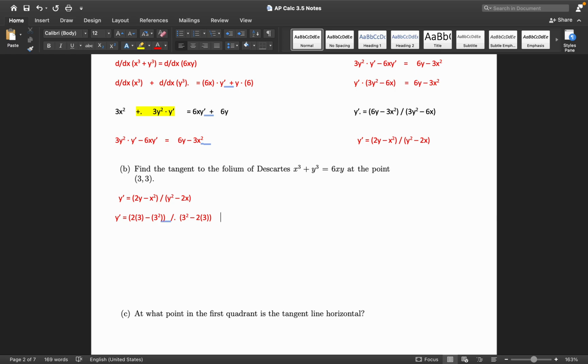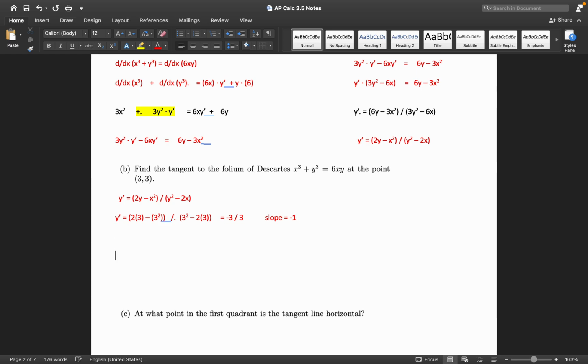Well, what do we get there? We get 6 minus 9 is negative 3. 9 minus 6 is 3. So our slope is going to be negative 1.